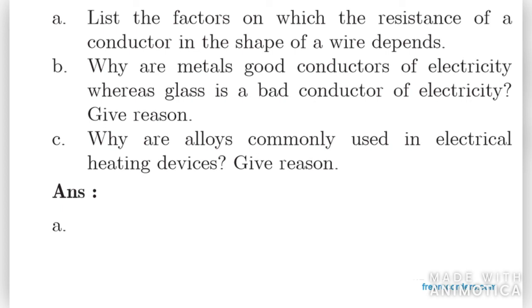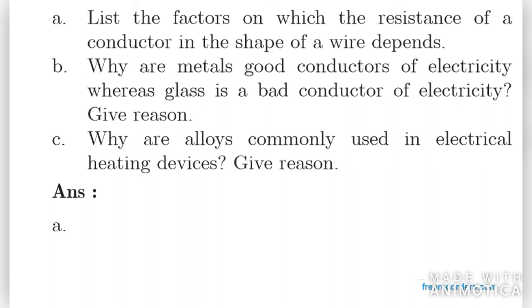Then the next one is why alloys are commonly used in electrical heating devices. Alloys are commonly used in electrical heating devices due to their high resistivity and high melting point, which produces more heat. So therefore they are used in electrical heating devices.